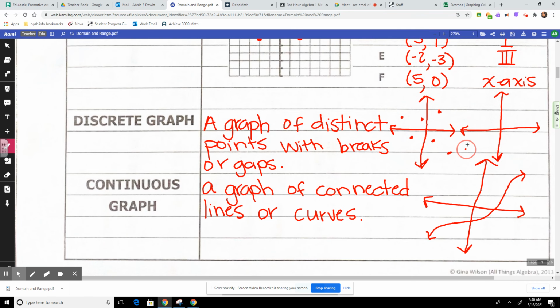So you may have a segment of a line here, and it stops, and it picks up here where y is a different value, and it continues and stops. And then it may pick up way down here and continues. Okay, so there's gaps. I cannot trace from the left side to the right side without picking up my pencil. So that's also a discrete graph.